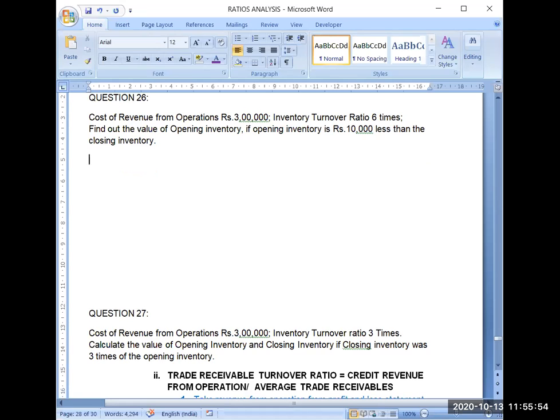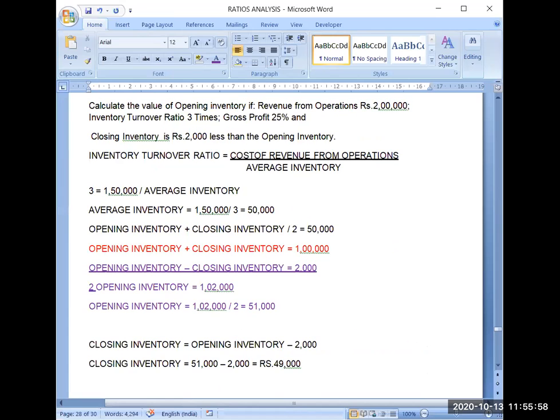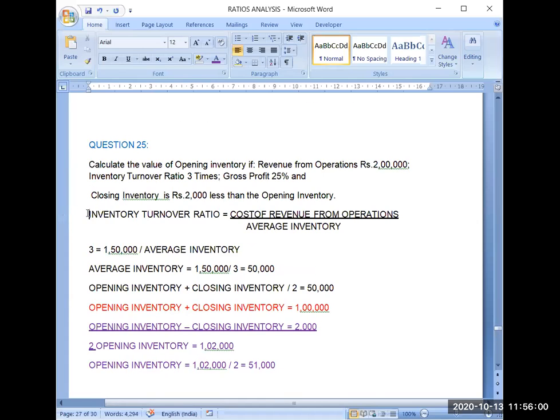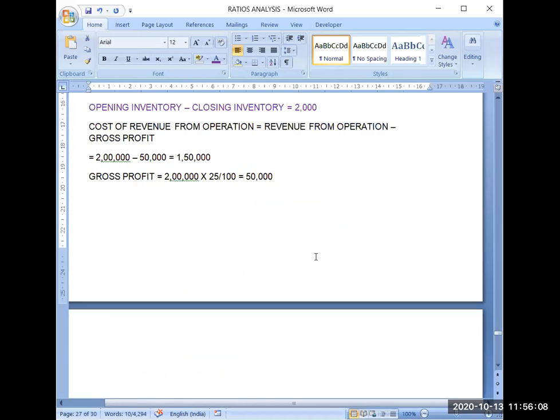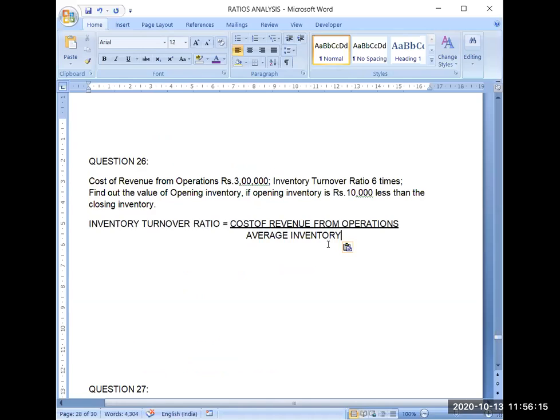Cost of revenue from operation is given, so we can write here. One minute, I will copy the formula. First we will write the formula. Inventory turnover ratio is equal to cost of revenue from operations upon average inventory.